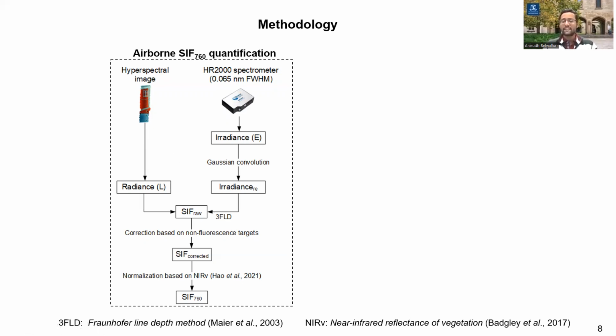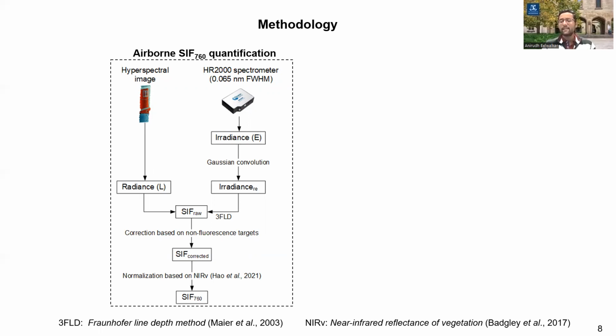SIF was further corrected based on non-fluorescence targets to account for atmospheric and calibration effects. Finally, the corrected SIF was normalized to a nadir viewing angle using a recently proposed angular normalization approach, which is based on NIRV, to account for the directional effect of SIF.